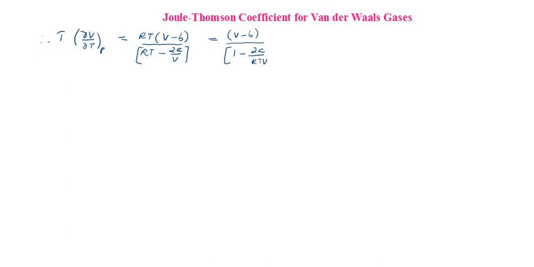Hope you understood it. Simple. Which can be further written as V minus B into, this entire denominator can be taken to the numerator, so it will be raised to minus 1. Many of these steps can be skipped, but I am just doing it: V minus B into (1 minus 2A by RTV) whole raised to minus 1.